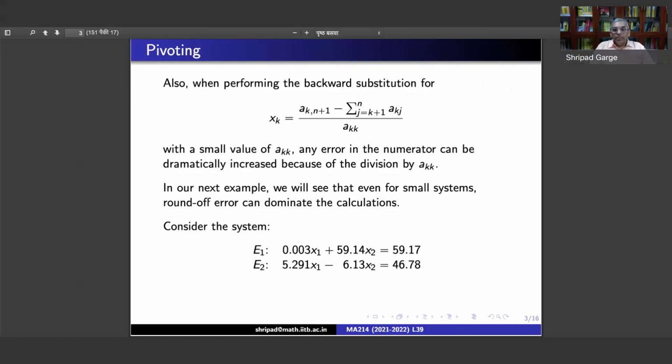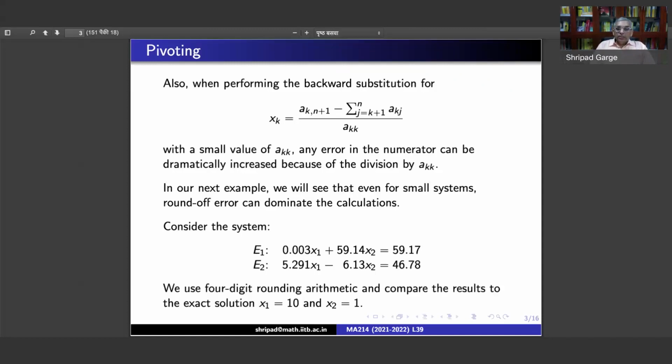So roughly A11 is 1000 times smaller than A21 as a factor. Okay, and the correct solution is x1 equal to 10 and x2 equal to 1.